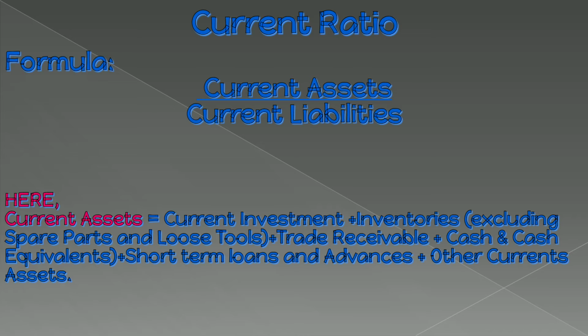Current assets divided by current liabilities. When the current assets and current liabilities figures are brought together, and the current assets figure is divided by the current liabilities figure, it is known as current ratio.